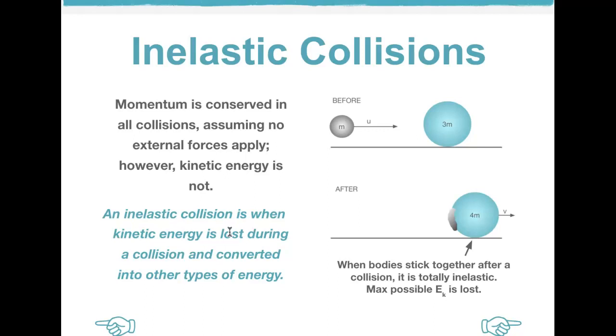It's "lost" because it's not really lost. It's transferred into less useful types. So it's transferred during a collision, converted into other types of energy, right? So the amount of kinetic energy that you have before is going to be greater than the amount of kinetic energy that you have after.